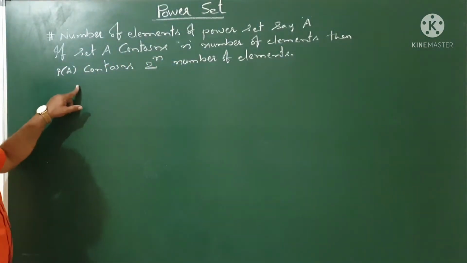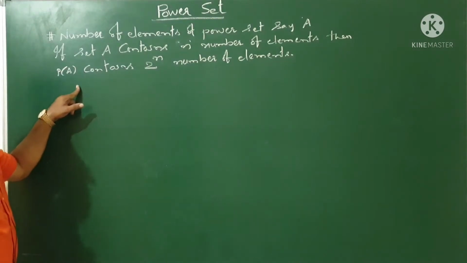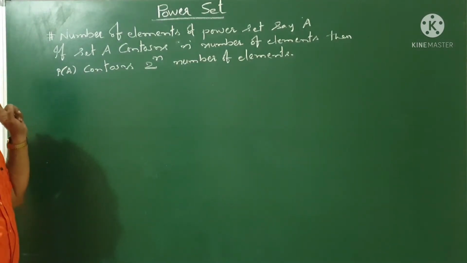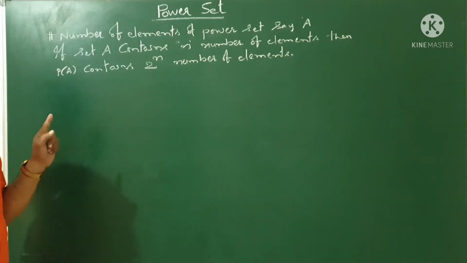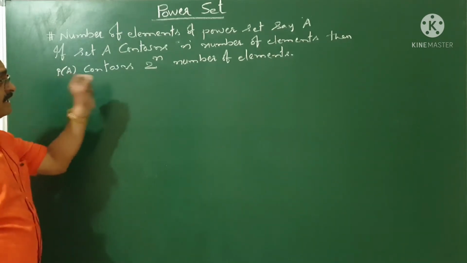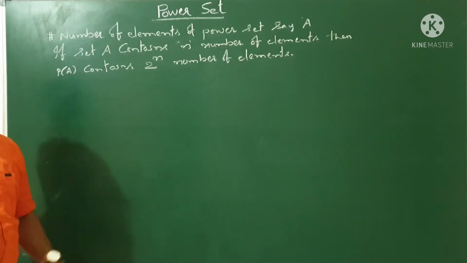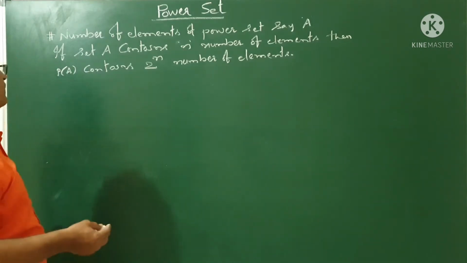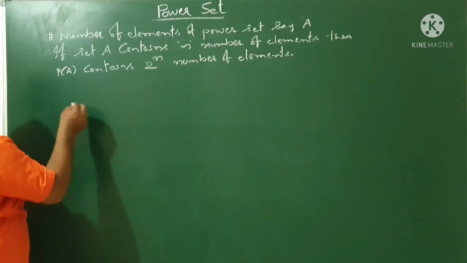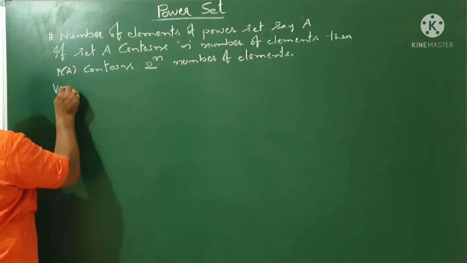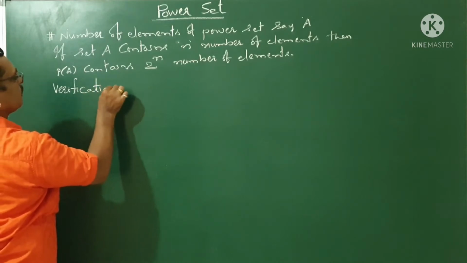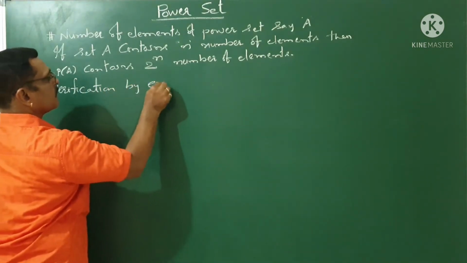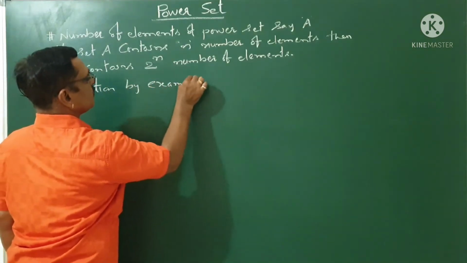We have to prove this statement in permutations and combinations, or we can do this in the chapter mathematical induction. But I want to verify these results by examples. One by one, let me explain. For example, verification by example.